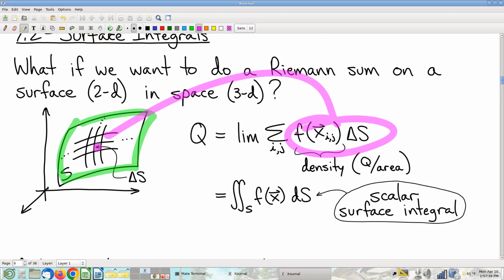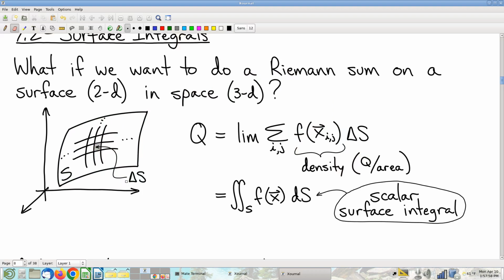And so on that little piece, if I want to know how much mass there is on this piece or how many ants are crawling around inside of this little piece of my surface, whatever the question may be, quantity per unit size times size will give me quantity. In this case, quantity per unit area times area.